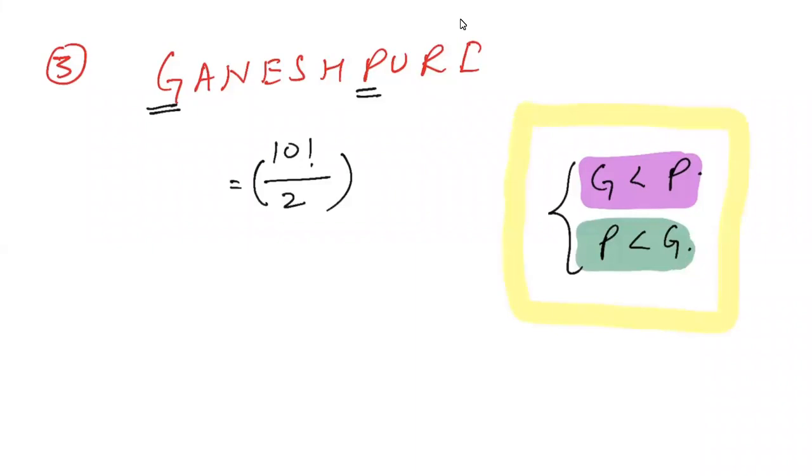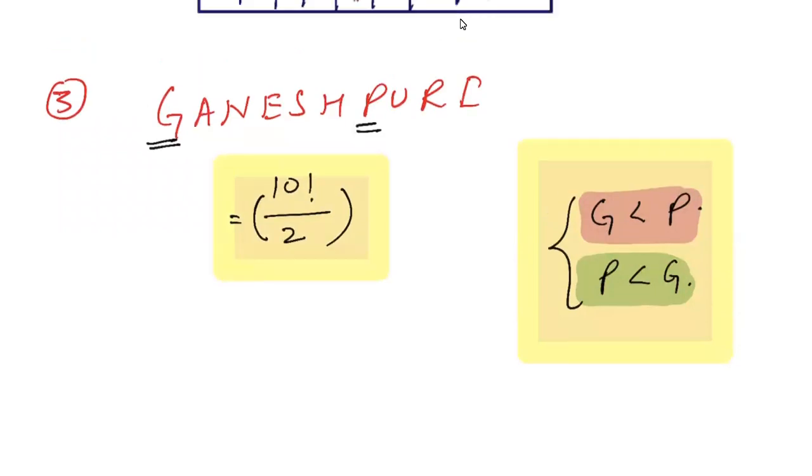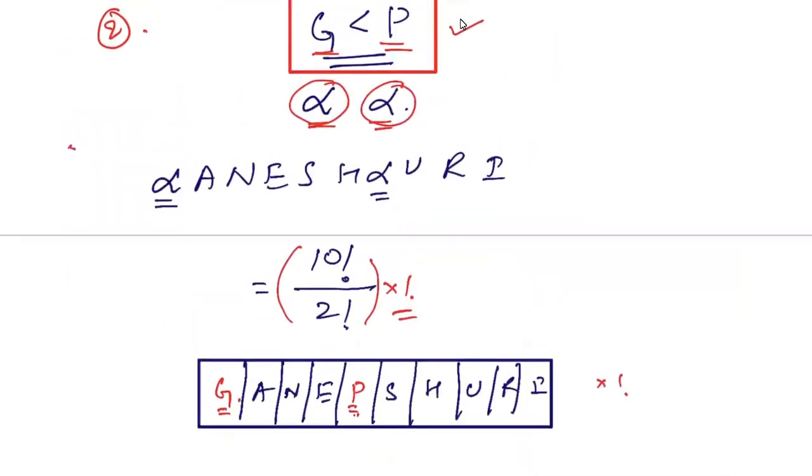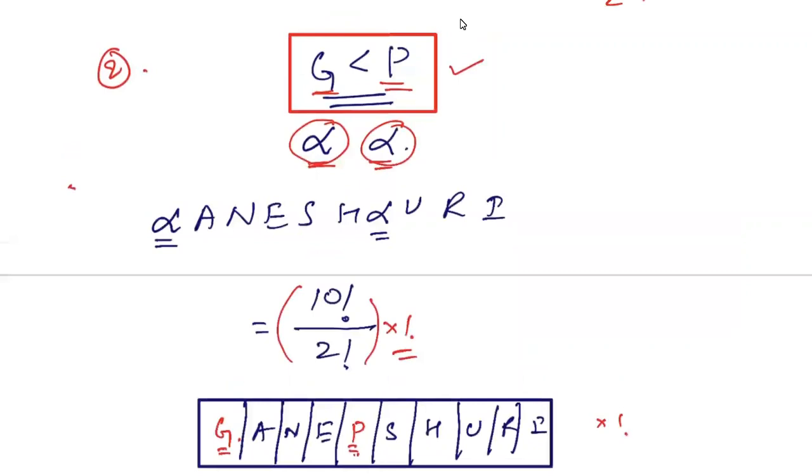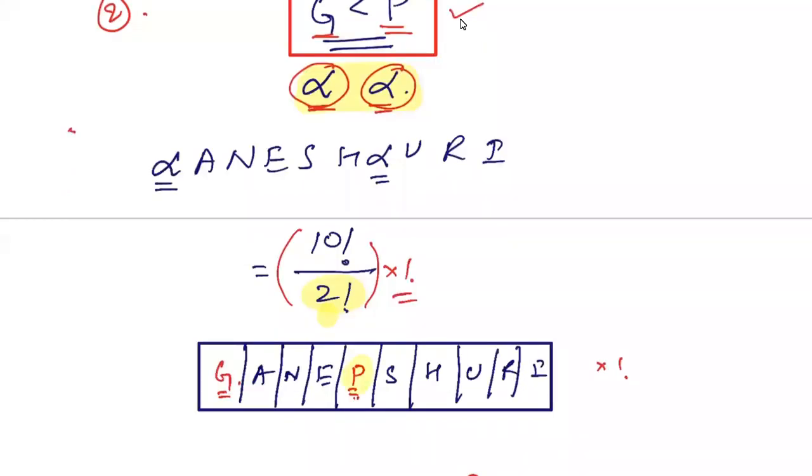If we halve the cases, we get the answer factorial 10 by factorial 2, or 2 cases. But the best method is, first assume all are same, reduce their arrangement, and then put the values as they require.